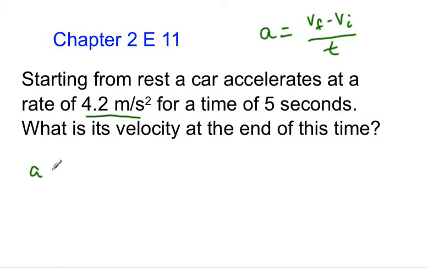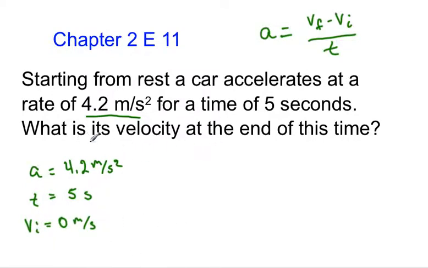So we have an acceleration, 4.2 meters per second squared. We also have a time, just 5 seconds. We also have starting from rest. So for starting from rest, my initial velocity VI is 0 meters per second.